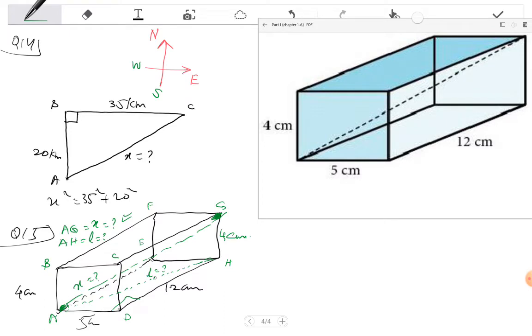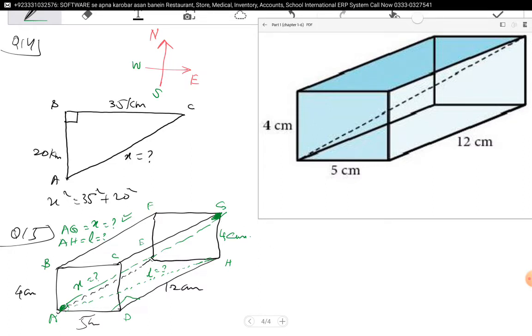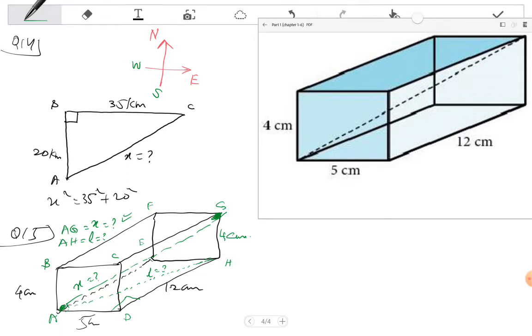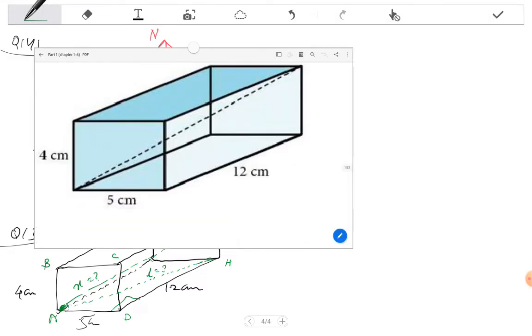So first we find L as the hypotenuse of this flat, horizontal triangle, and then use it for finding the hypotenuse of this vertical plane triangle. So I should do the working over here.